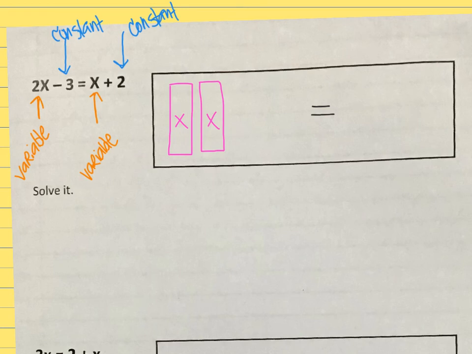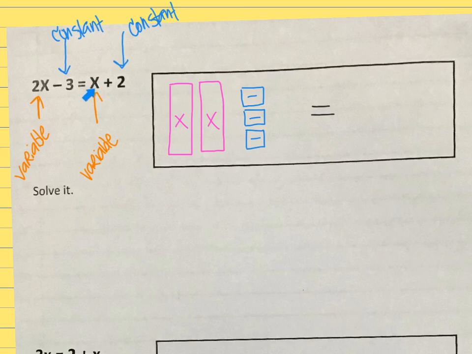And then it says minus 3. So instead of me drawing a minus sign, I am going to make this minus sign be represented by drawing them inside the little shapes for the 3. So I'm going to draw little squares and put a minus sign in. And now I have my left side.